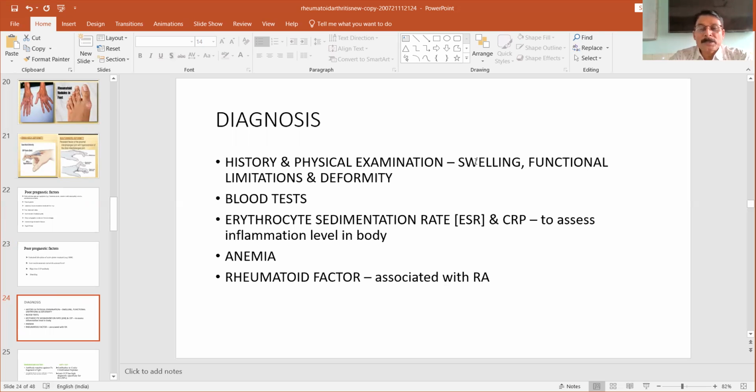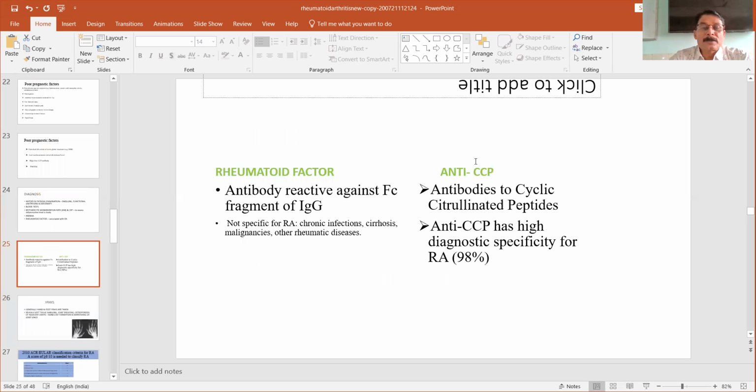So we need to go for certain blood tests, which include ESR, CRP, associated anemia, and rheumatoid factor. Then other things are coming up like anti-CCP and other tests as well. So this helps you come to a diagnosis in this situation. Rheumatoid factor is an antibody reactive to the Fc fragment of IgG.